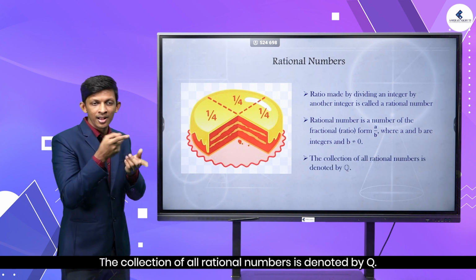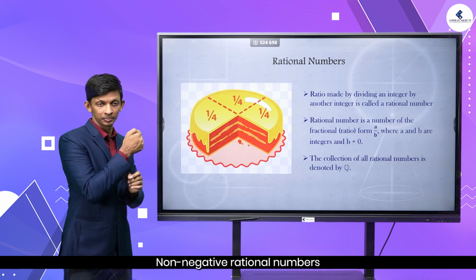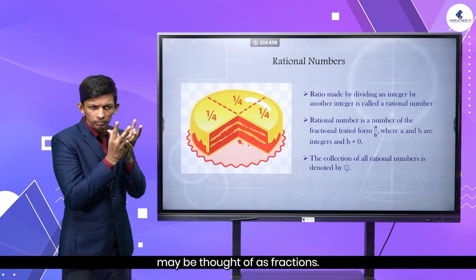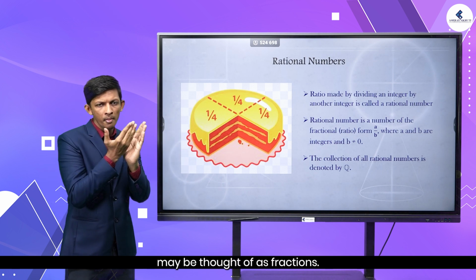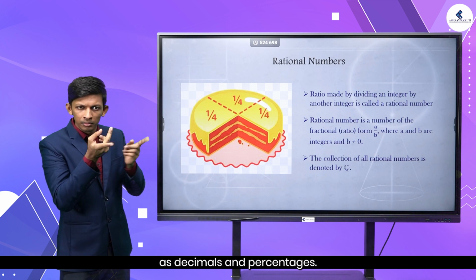The collection of all rational numbers is denoted by Q. Non-negative rational numbers may be thought of as fractions. They can also be expressed as decimals and percentages.